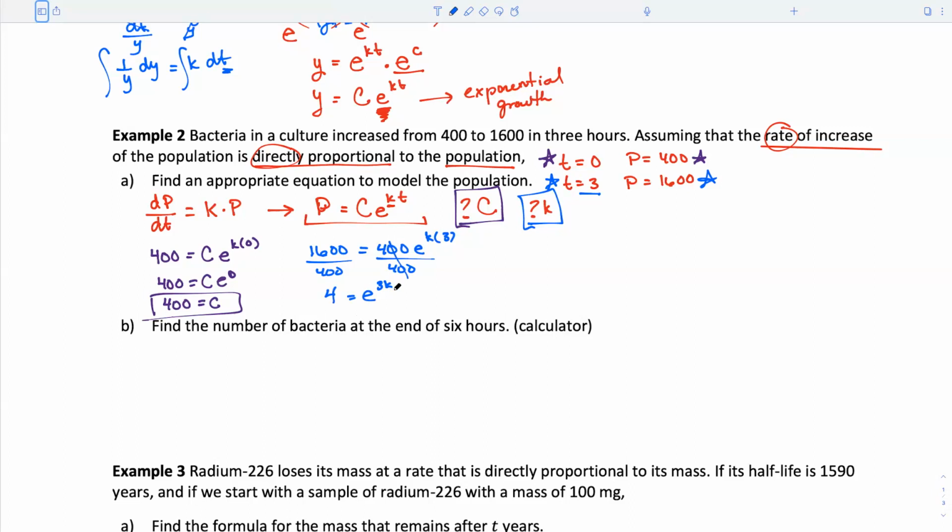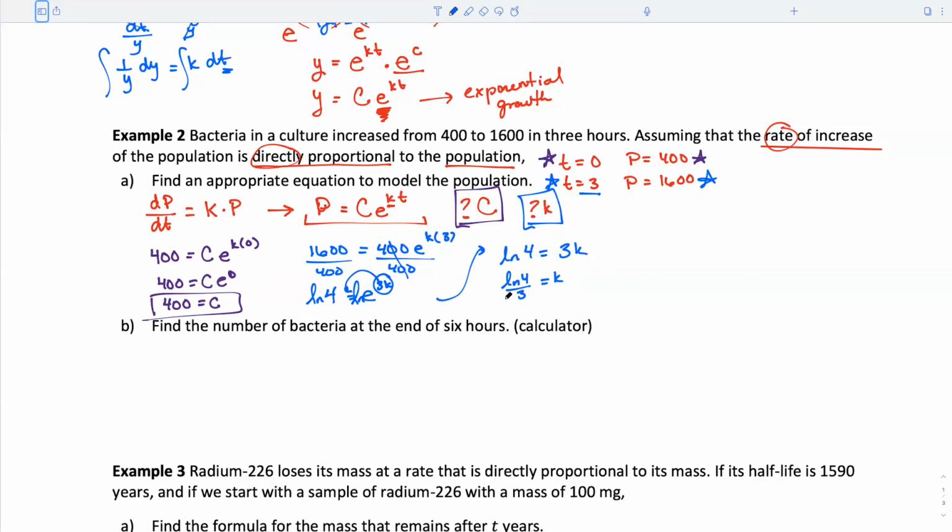How do I bring that k down? I'm going to take the ln of both sides. So now ln of 4 is equal to, this 3k comes down, ln of e is just 1. Divide by 3. ln of 4 over 3 is equal to k.